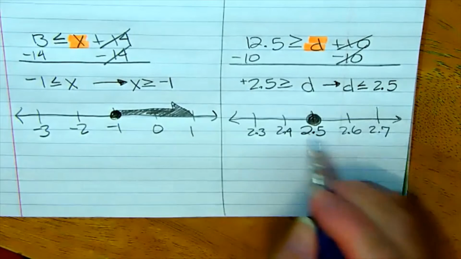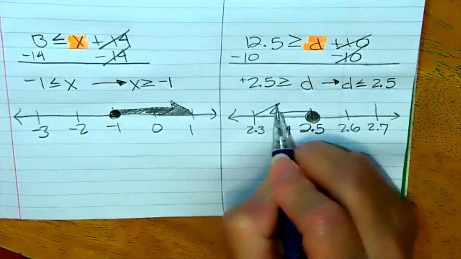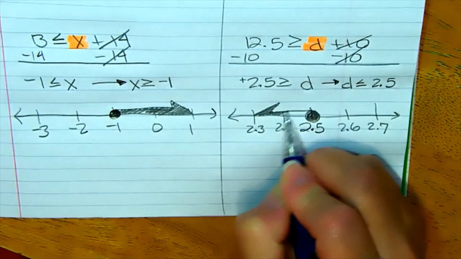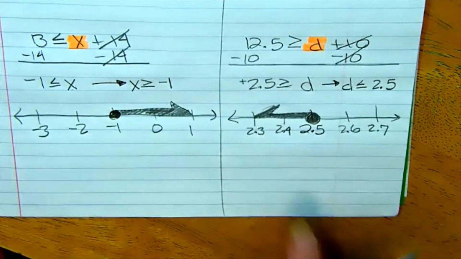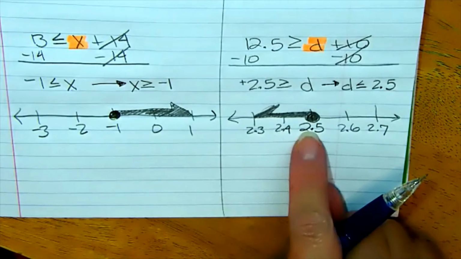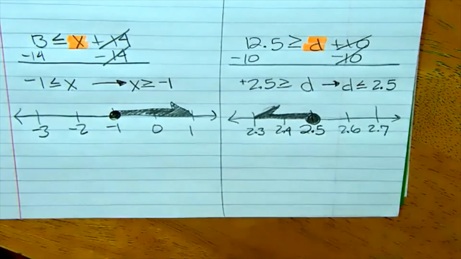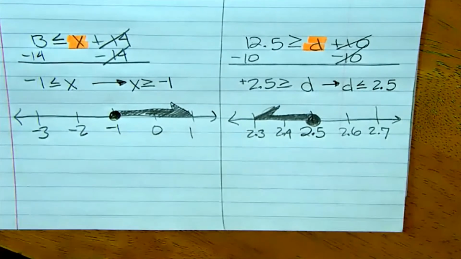D is less than or equal to. So less than is everything to the left. So that means everything to the left of 2.5, including 2.5, is a solution.